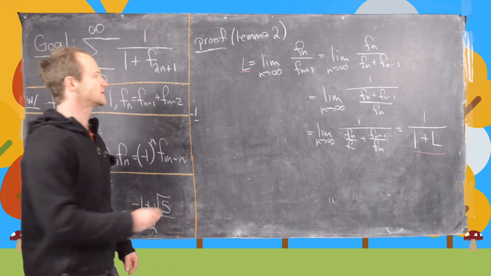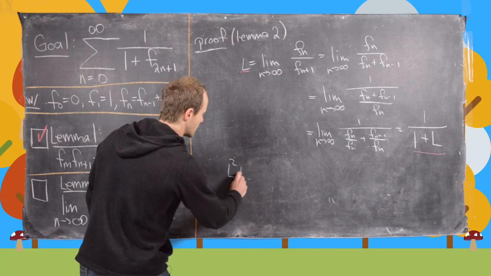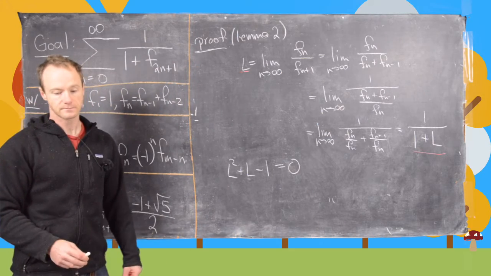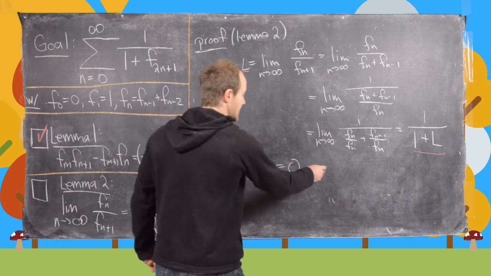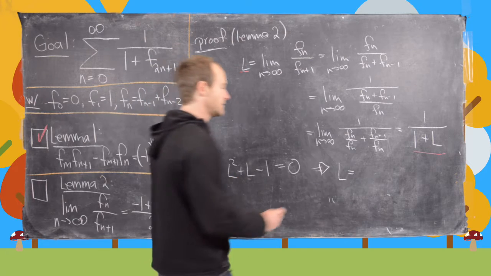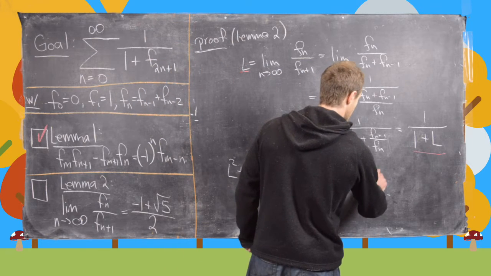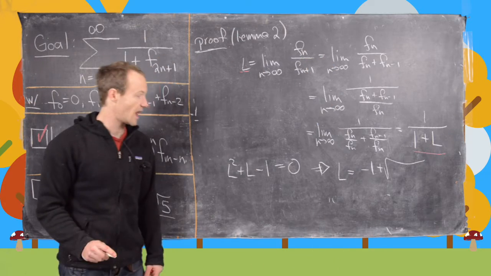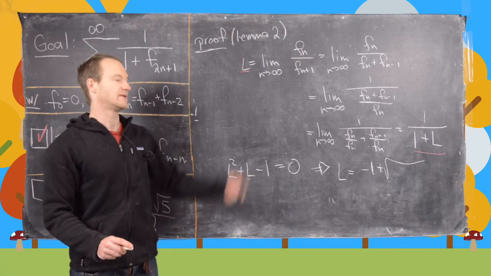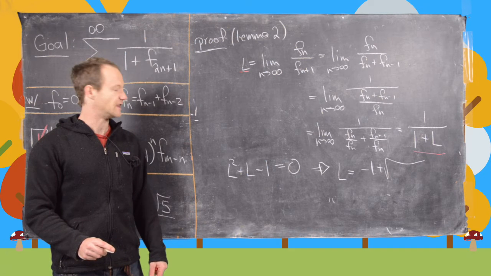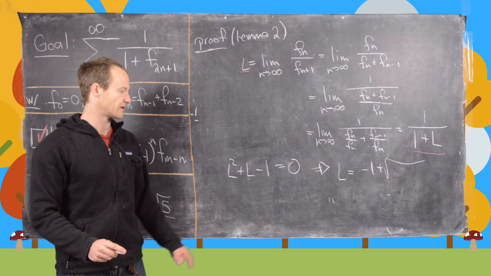So let's cross multiply, and notice that's going to give us L squared plus L minus 1 equals 0. Easily with the quadratic formula, we get L equals negative b, so that's going to be negative 1 plus minus, but we only need the plus here because obviously this limit is going to be positive by the fact that we showed that all of the terms were bigger than 0.